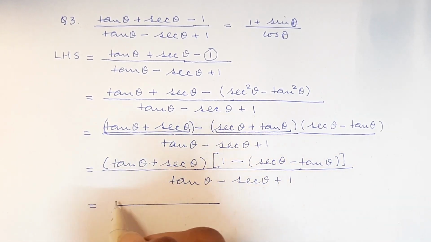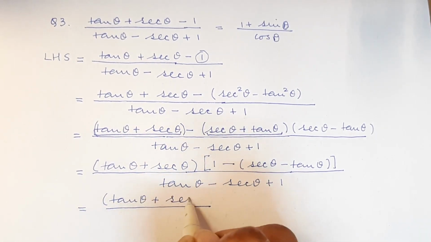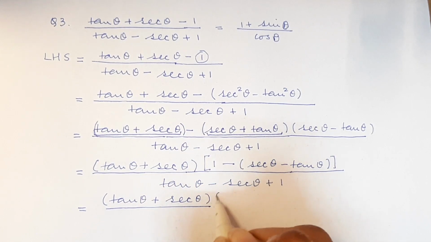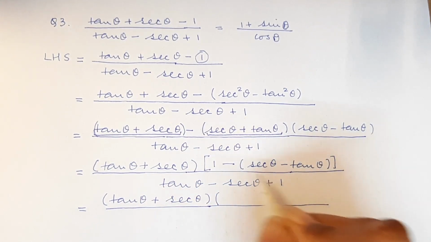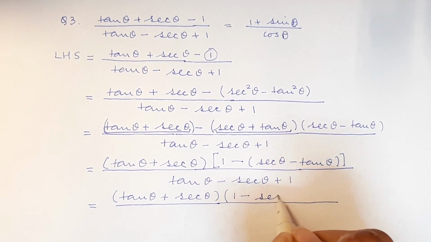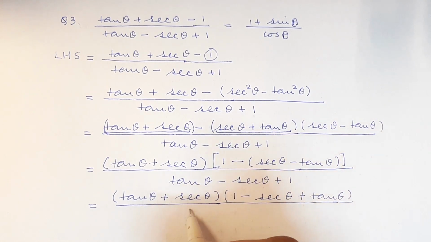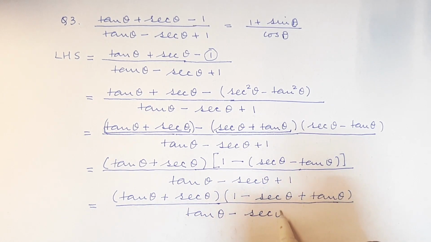Now, in the numerator, we have tan theta plus sec theta. And the second bracket is, now we open the bracket because there is a minus sign. We will change the signs of these. This minus tan theta becomes plus tan theta. And the denominator is tan theta minus sec theta plus 1.